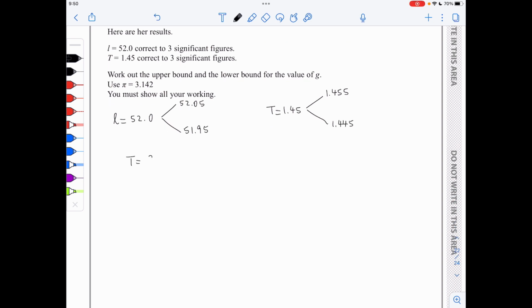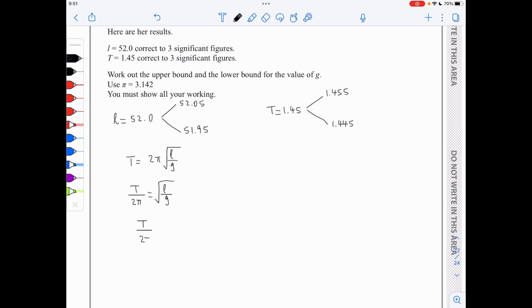Capital T is 2 pi root of L over G, and I will start by making G the subject. So T over 2 pi is the square root of L over G. So I could square everything.